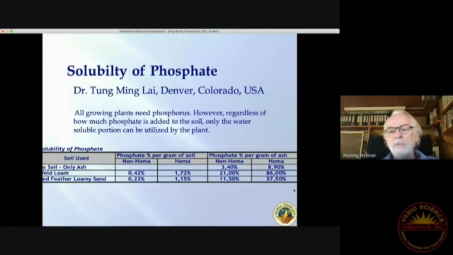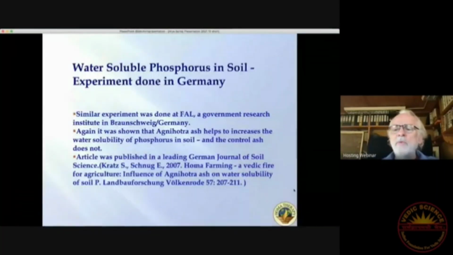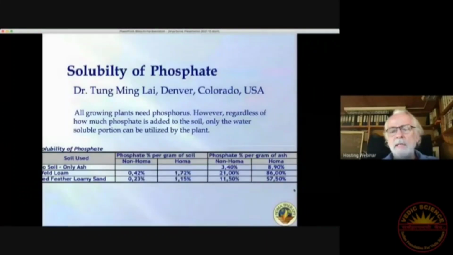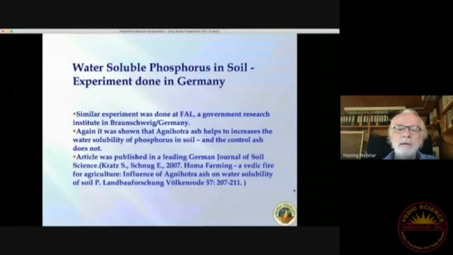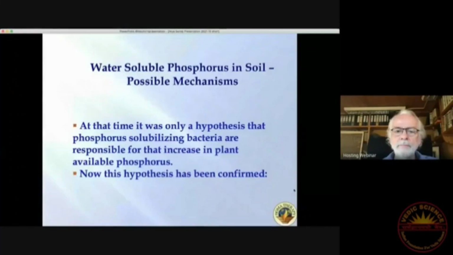This experiment was done in the US more than 30 years ago. Then a couple of years ago in Germany, this experiment was replicated and gave the same result. And then the question is, how come the phosphorus is getting more water soluble if you add Agnihotra ash?